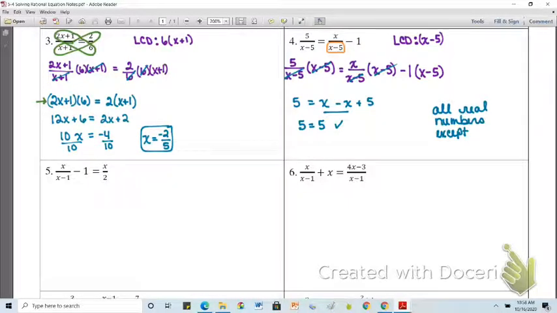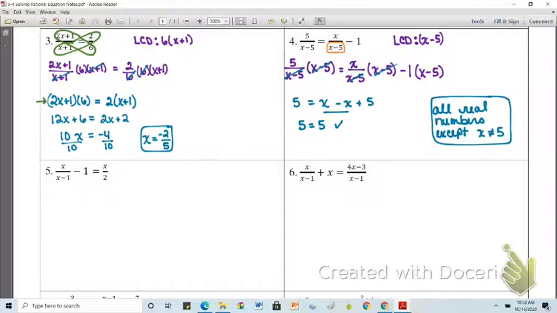So I need to include that in my answer, except x cannot equal 5. Now if 5 equals 5, so if that were 5 equals 4, that would be a false statement. And remember, anytime we have a false statement, it is no solution.